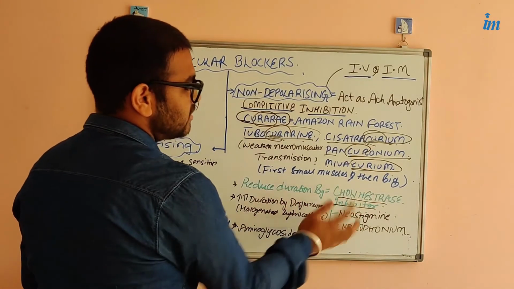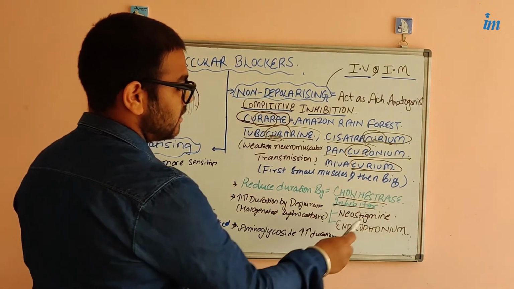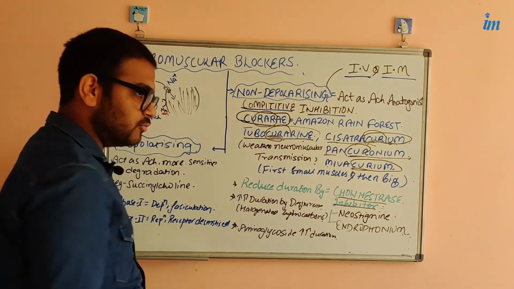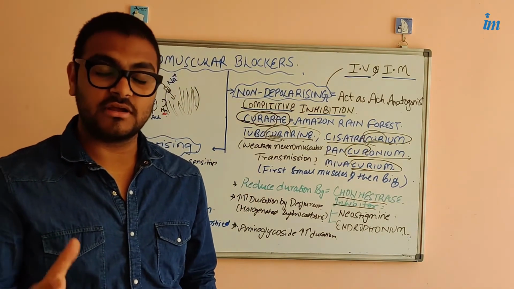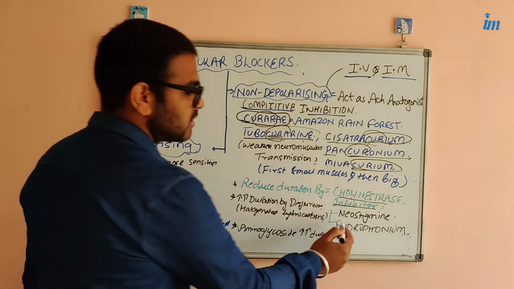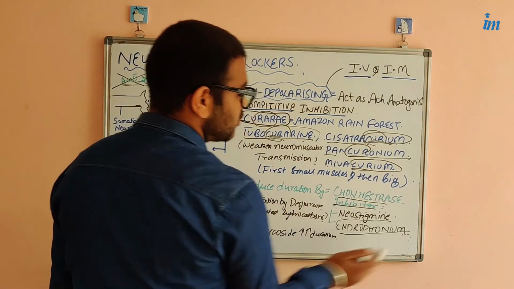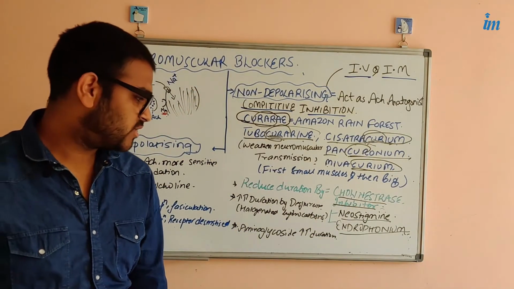So cholinesterase inhibiting drugs can be used if you want to reverse the action of such neuromuscular blocking agents. What are such drugs? Neostigmine and edrophonium. They are indirect cholinomimetics. I have already told you in the last videos.